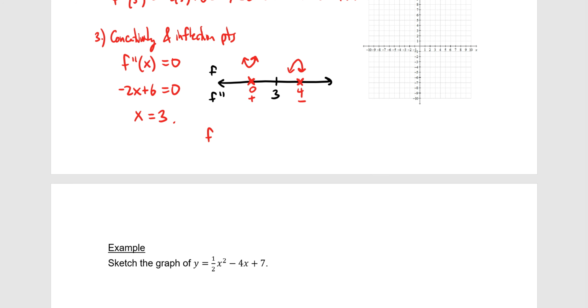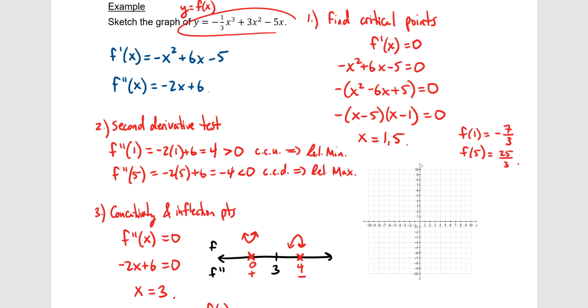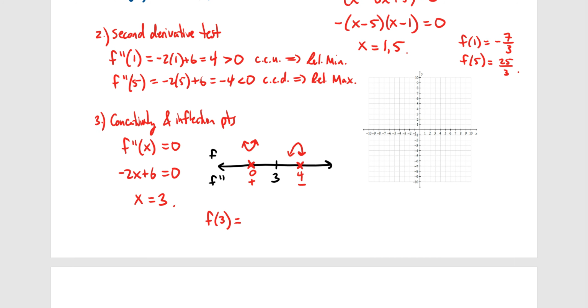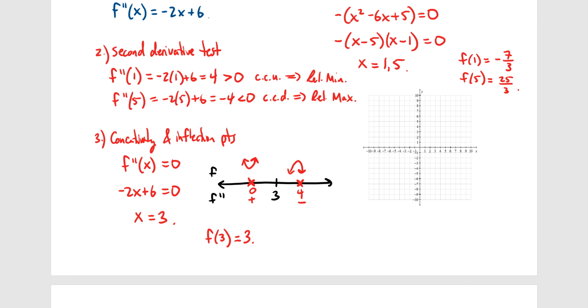And let's evaluate f of 3 to find the y-coordinate. And finding the y-coordinate is plugging it back in the function. And we find that f of 3 is 3. Okay, so let's plot all the points that we have first. We have these points right here. Our extreme points, 1, negative 7/3.